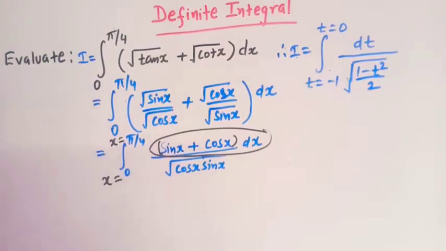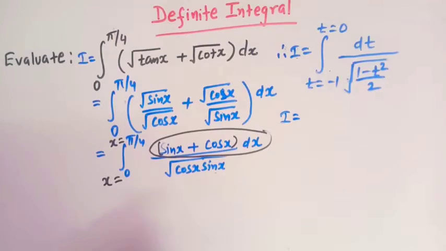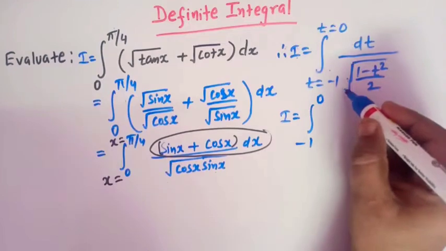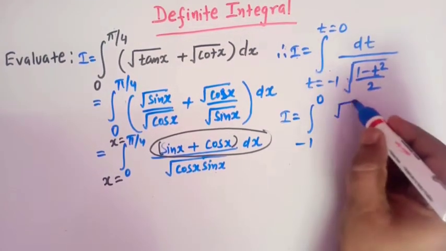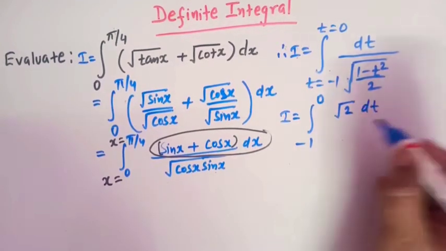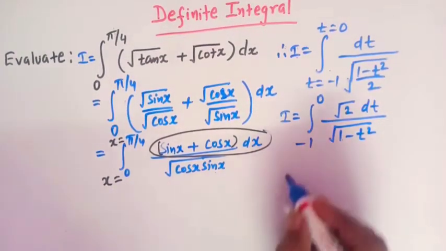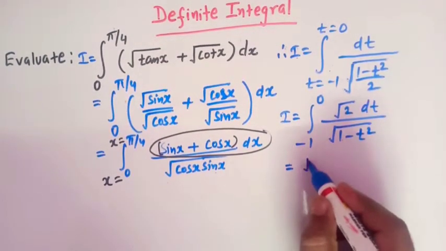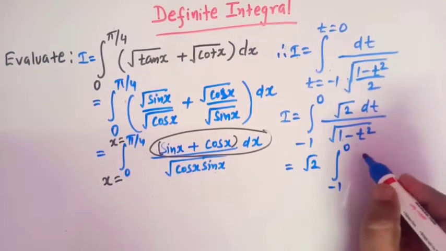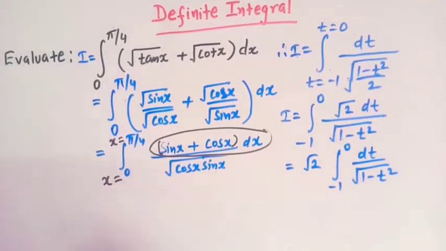So now we have obtained this expression. I is equal to the integral from -1 to 0, and taking this square root of 2 to the numerator, we have square root of 2 dt divided by square root of 1 minus t square. So we can write it further as square root of 2 times the integral from -1 to 0 of dt over square root of 1 minus t square.